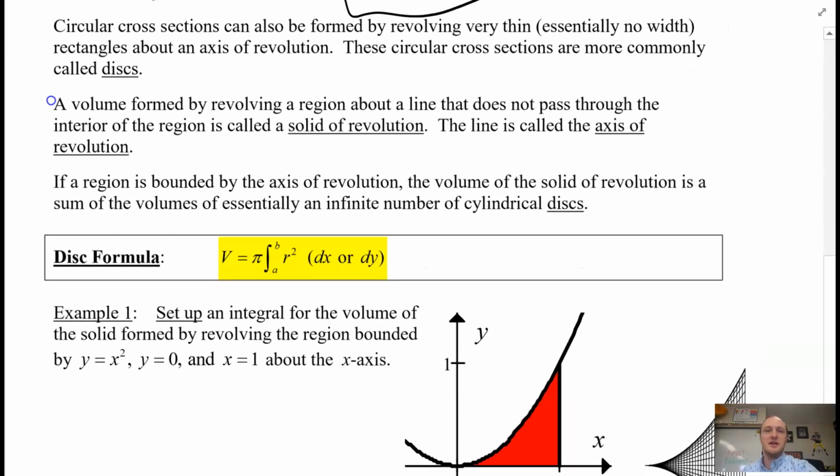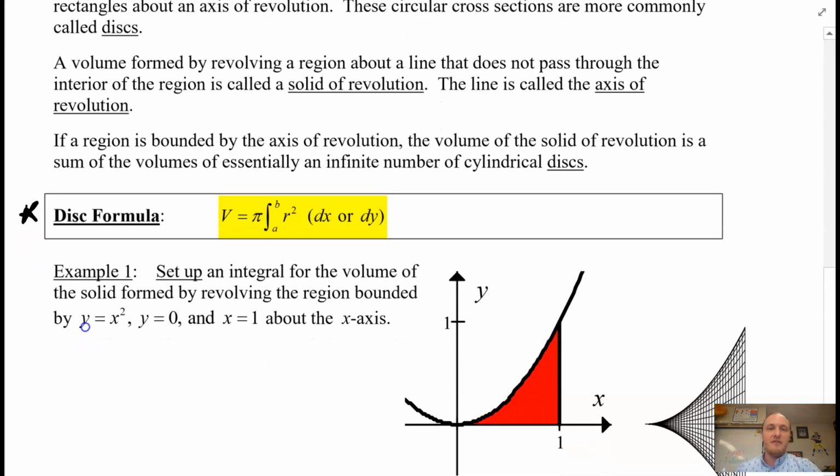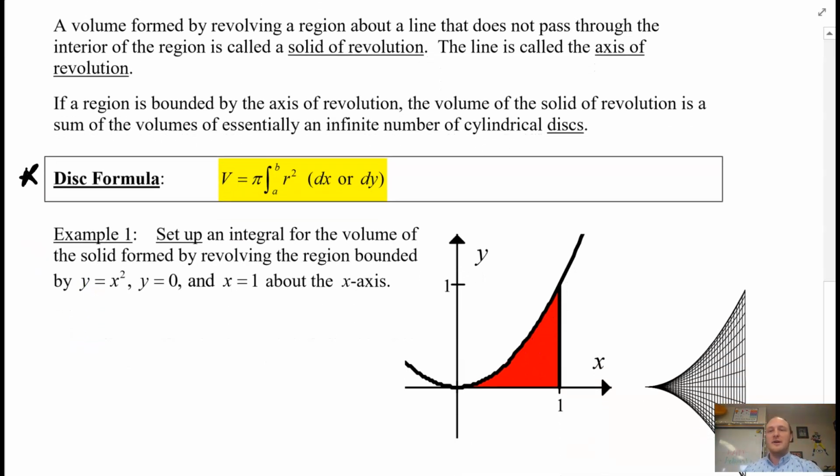Circular cross-sections can also be formed by revolving very thin, essentially no width rectangles about an axis of revolution. These circular cross-sections are more commonly called discs, and hence this lesson is on discs. A volume formed by revolving a region about a line that does not pass through the interior region is called a solid of revolution.